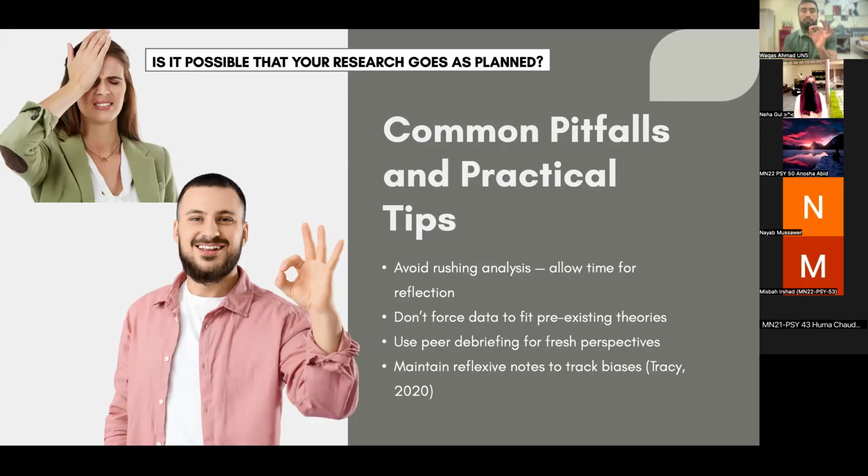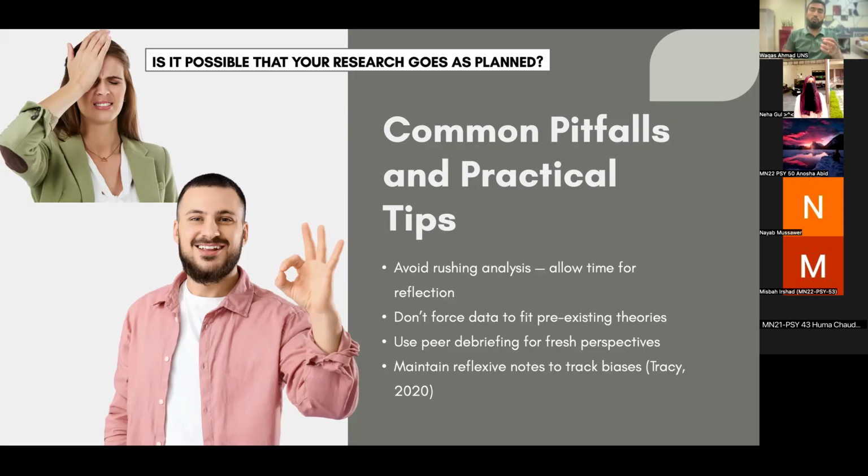Use peer debriefing for fresh perspectives. What is it? You ask your friends, do member checking and everything. When you sit in the cafe with your friends, your colleagues, your seniors, always discuss these things with them. So you get some more fresh perspectives, opinions, or you can think from a different angle as well.